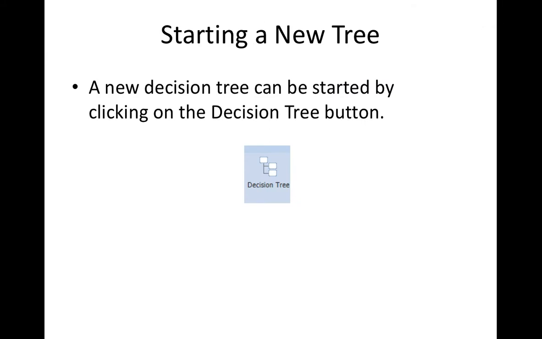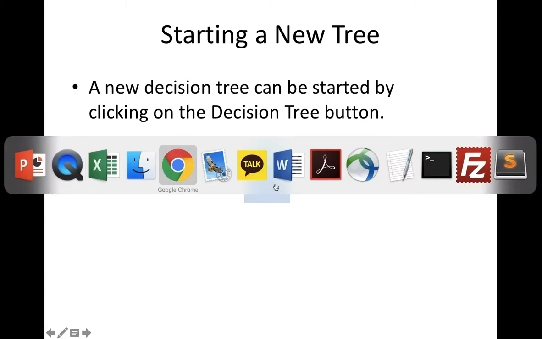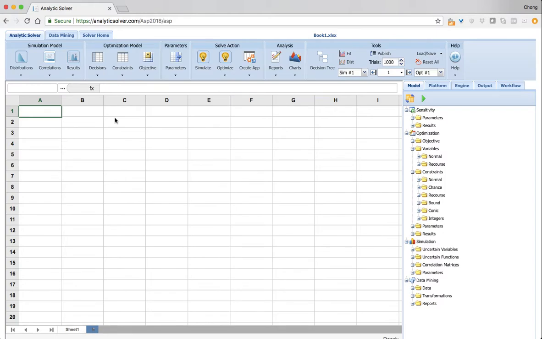In order to start a new tree, we click on this decision tree button. In your RiskSolver for web version, there is a risk decision tree button on the top.